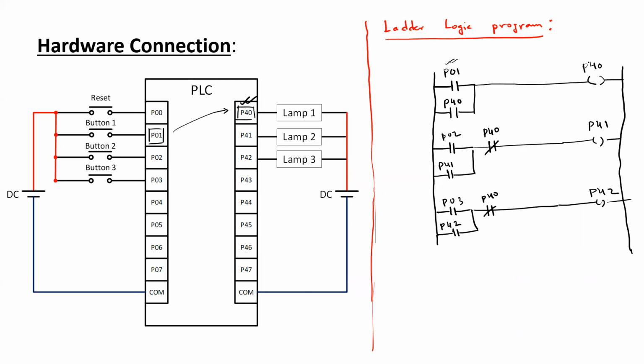So when participant 1 is giving some input before participant 2 and 3, this coil is going to be energized. When it is energized, it will close this normally open contact and it will cause these normally closed contacts to open up.